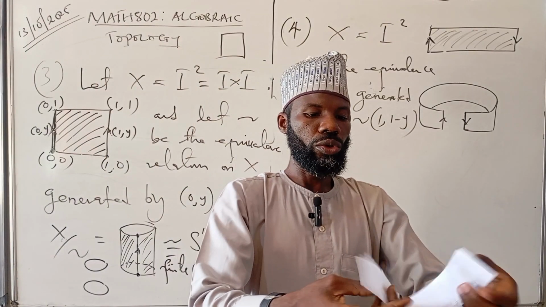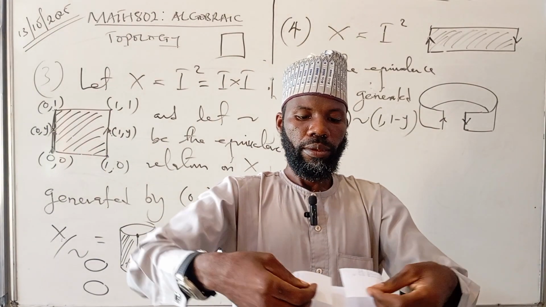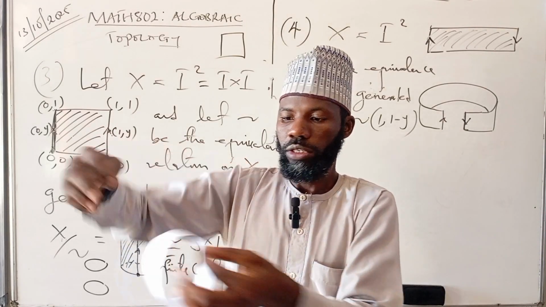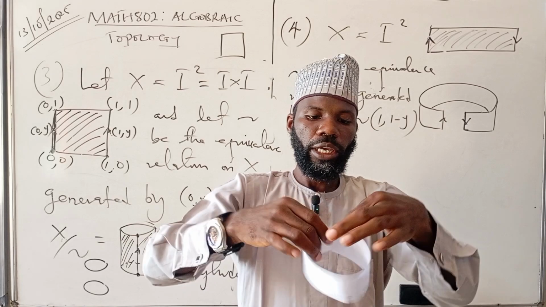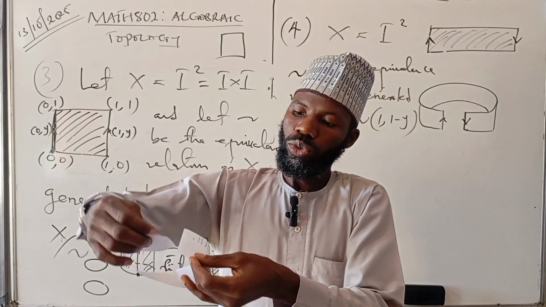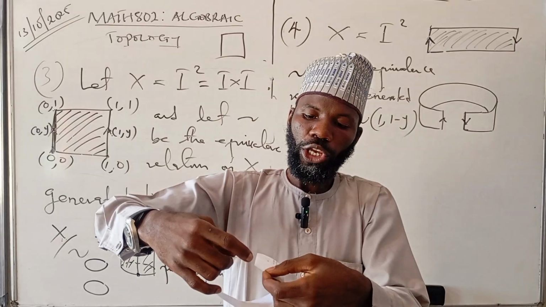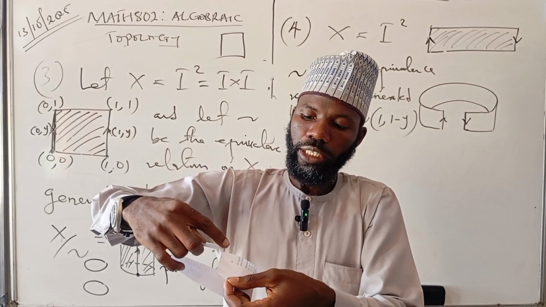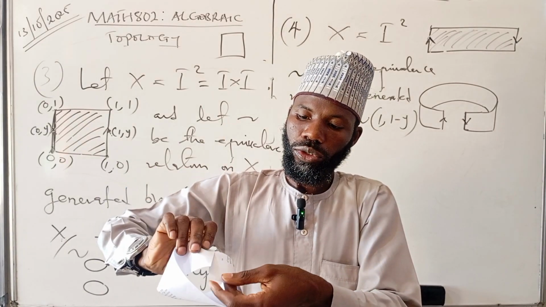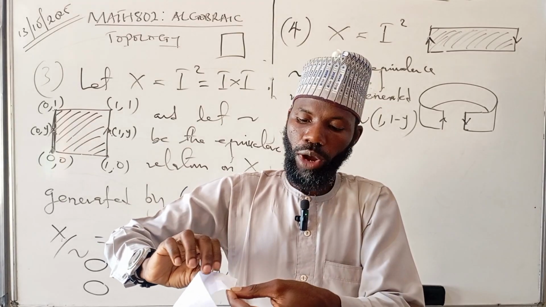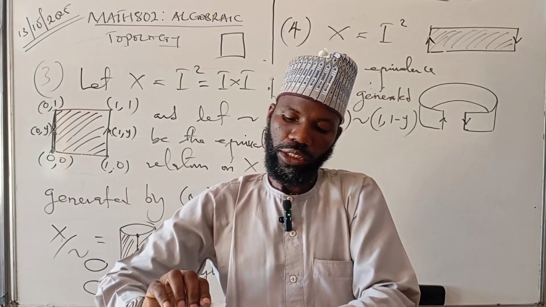If it comes together, this is still a cylinder. But before you attach it, you reverse the order so that this edge at the bottom will be attached to the edge at the top. So you have to turn it, give it one half twist.